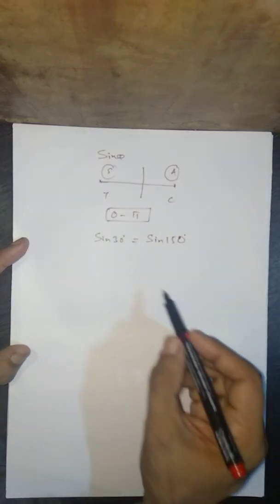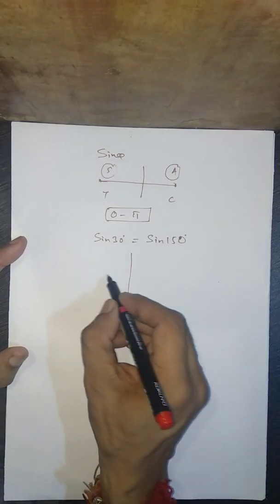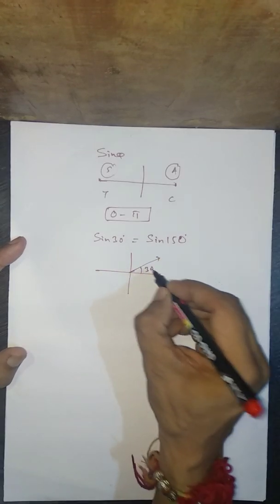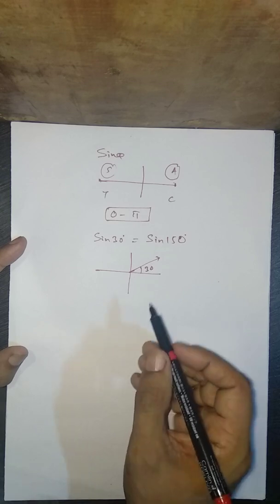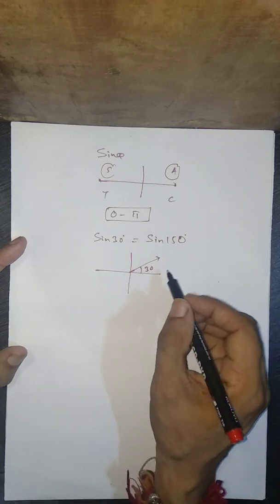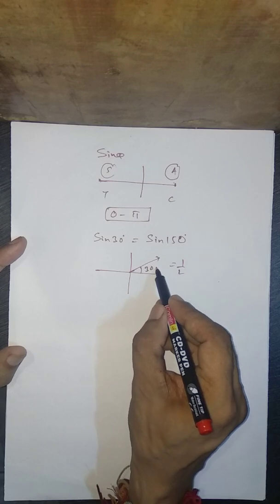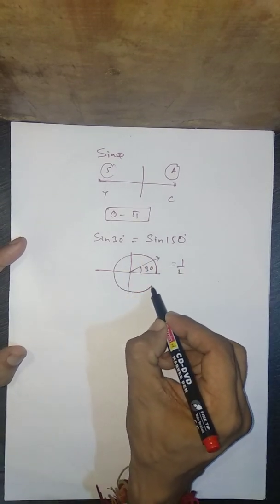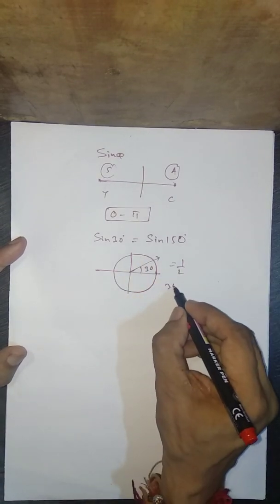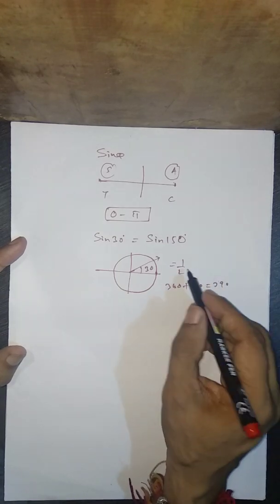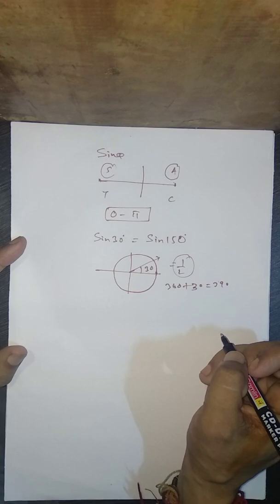If we look, for example, at a 30 degree angle, the value for sine theta is 1 by 2. What if the angle is 360 plus 30, that is 390 degree? It will still be 1 by 2.